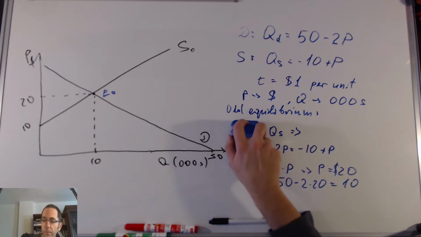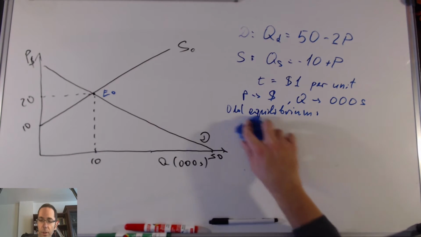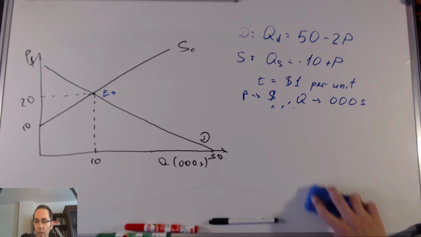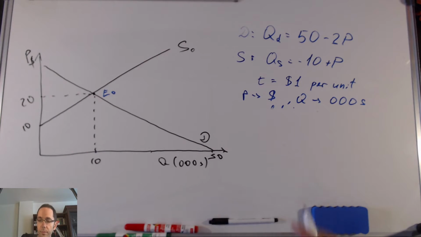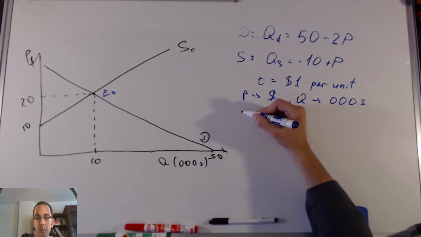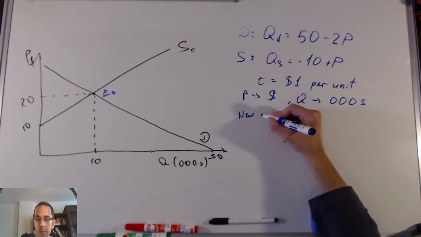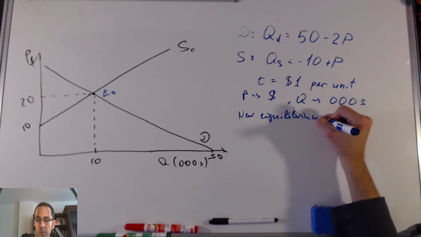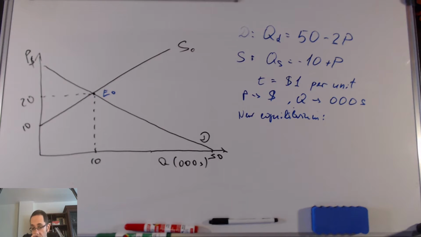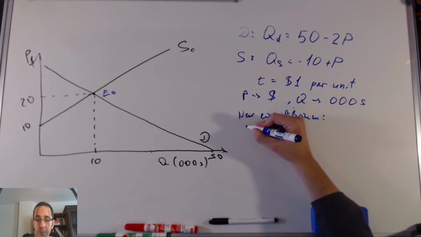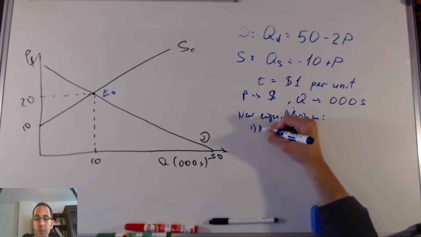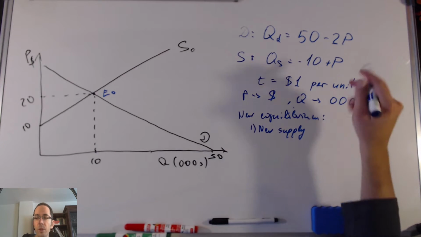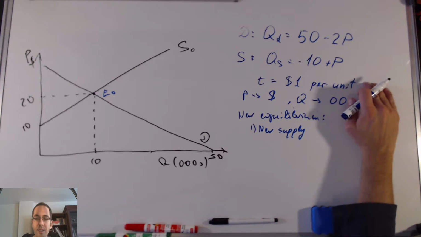I'll get rid of these calculations. And now I'll be calculating the new equilibrium. The first thing that we will have to do is get the new supply, and the new supply would be equal to the old supply minus the tax.